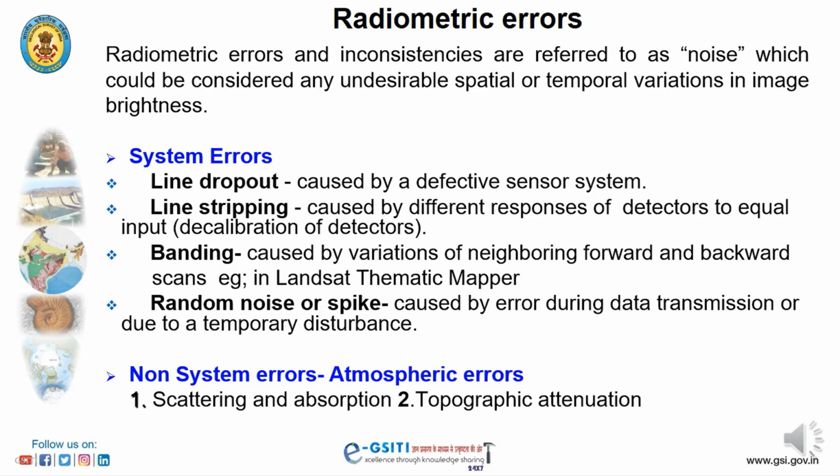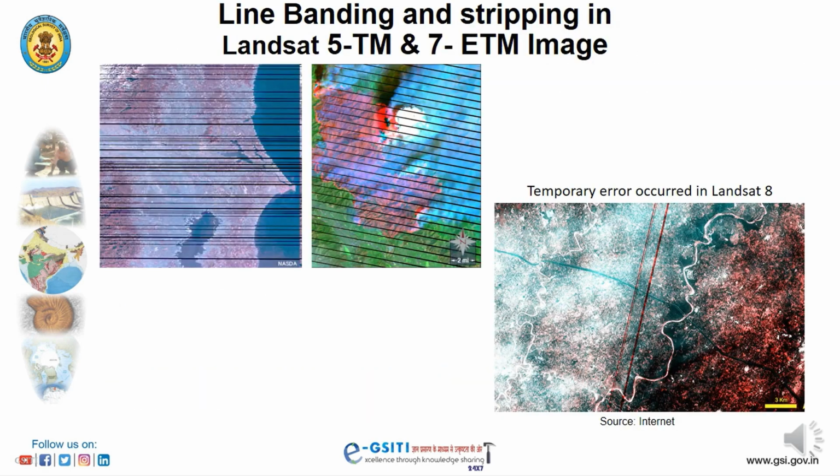There are non-system errors or atmospheric errors due to the scattering and absorption characters in the atmosphere or due to the topographic attenuations. Here we can see line banding and stripping errors in Landsat 5 TM, Landsat 7 ETM data, as well as a temporary error that occurred in December 2019 in Landsat 8 data.